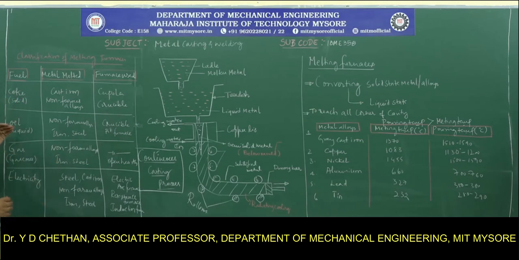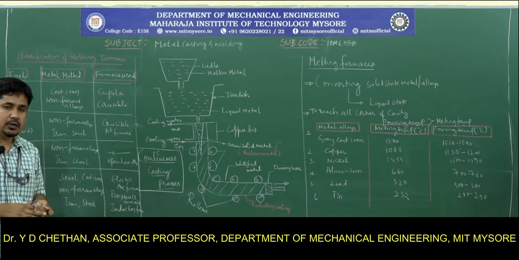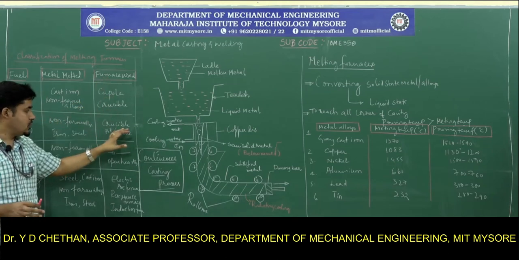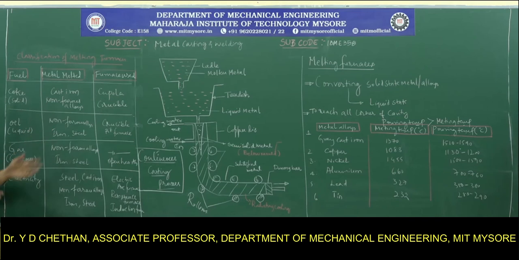The next classification is oil or liquid based fuels. The source of heat is extracted from the oil or liquid. Similarly, the furnace used is a crucible or pit furnace, and you can accommodate non-ferrous alloys, iron and steel. Then the next is the gaseous phase.